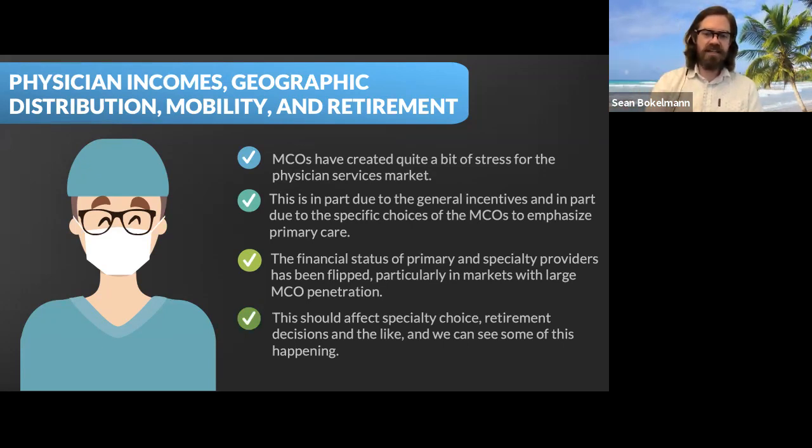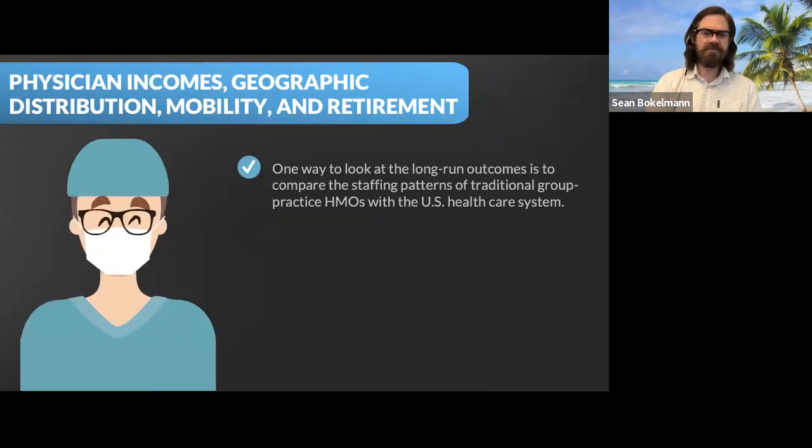And in fact, we can see some of this happening currently. Now, one way to look at these issues is to compare the staffing patterns of more traditional group practice HMOs with the overall US healthcare system.